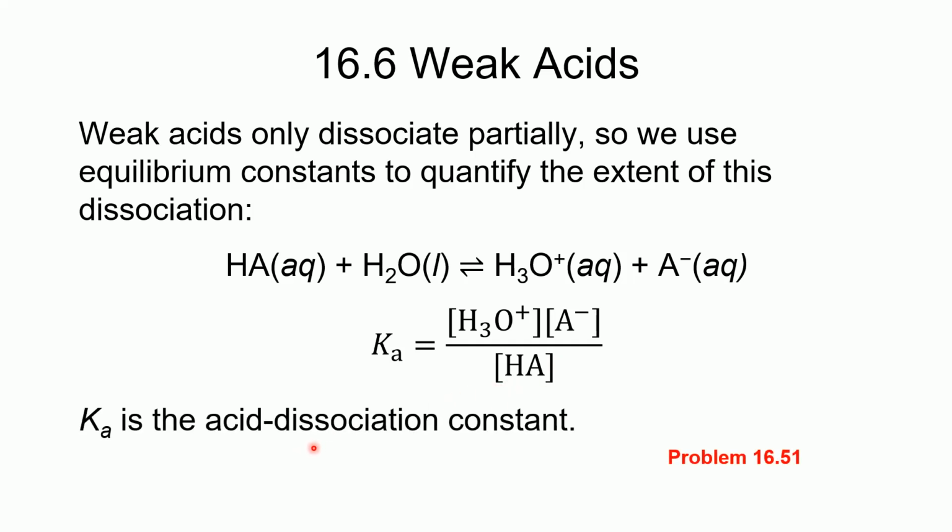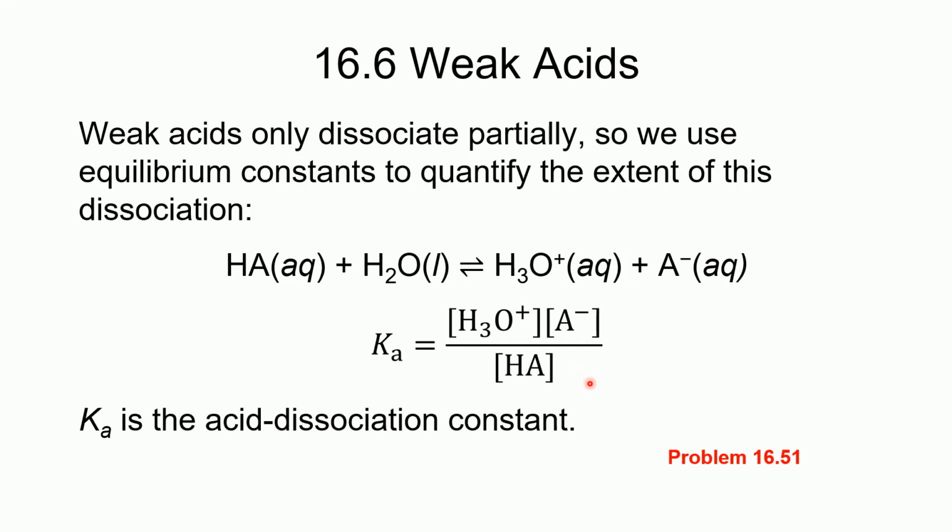Ka is our acid dissociation constant, and the first thing we want to do is practice writing this out as an equilibrium reaction and an equilibrium expression.